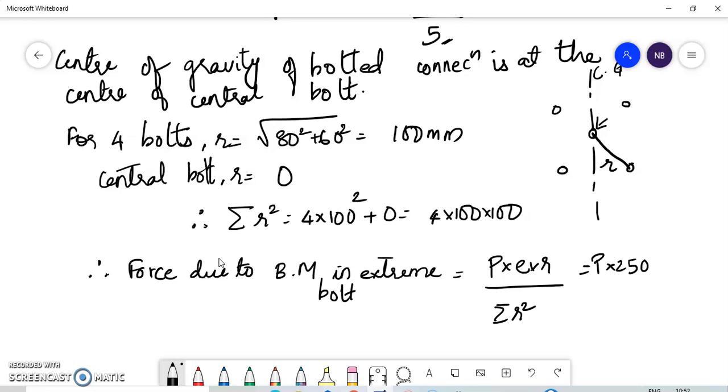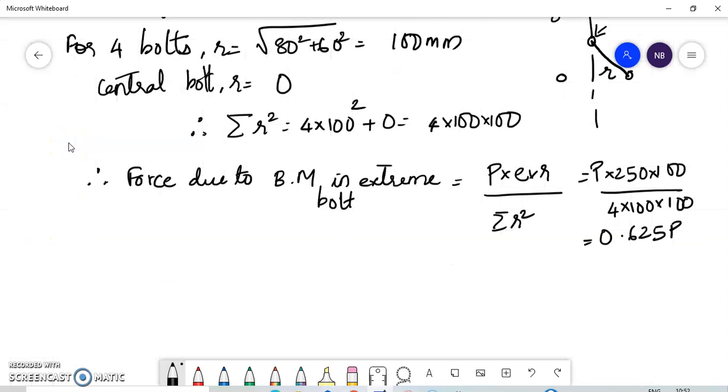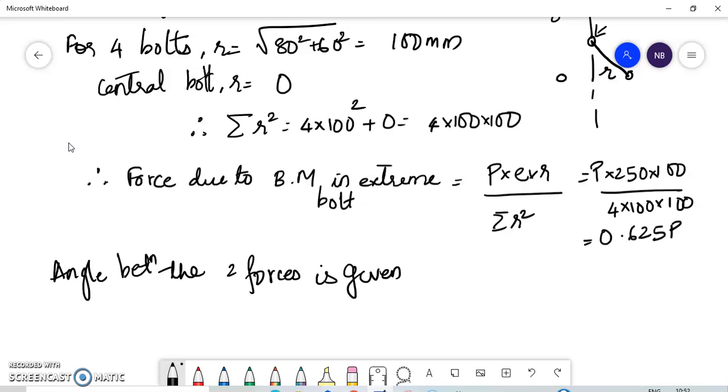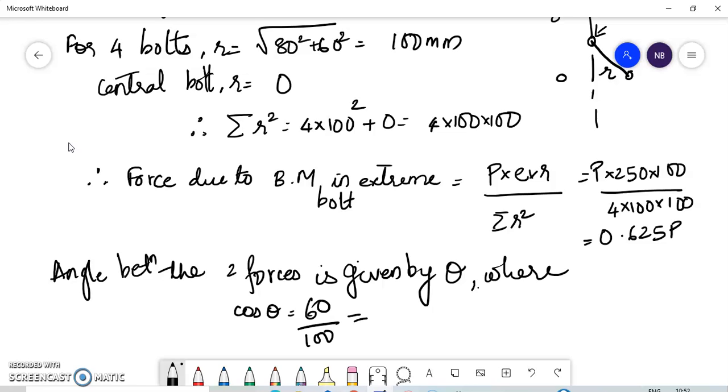Substituting all these values, the angle between the two forces is given by theta, where cos theta is 60 upon 100, which is 0.6.